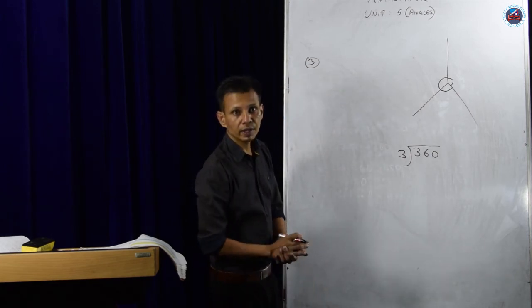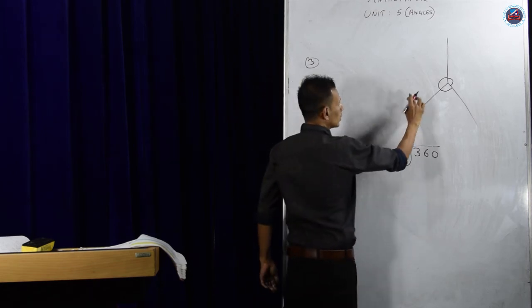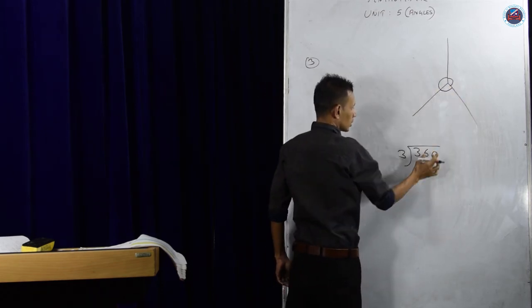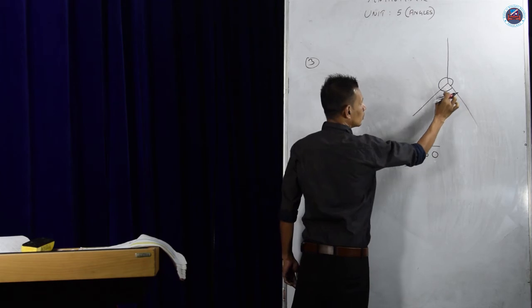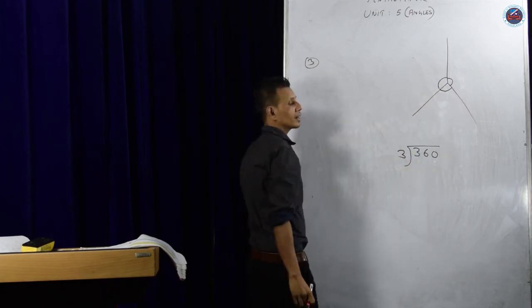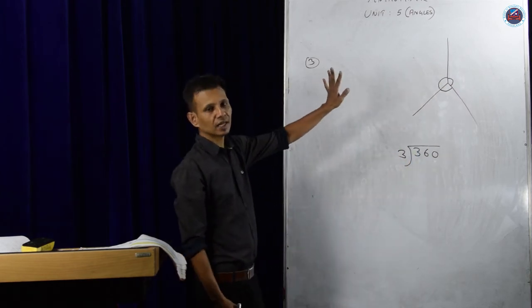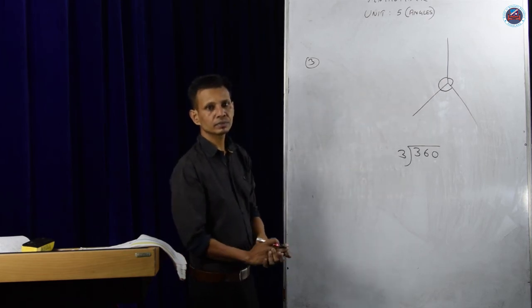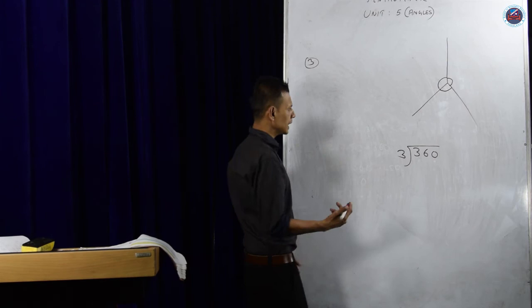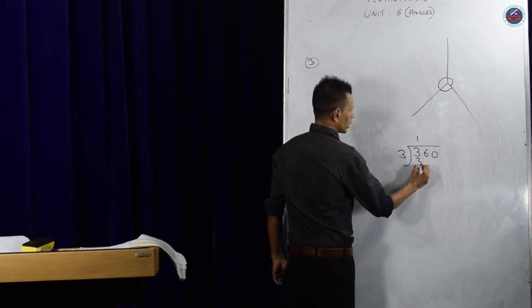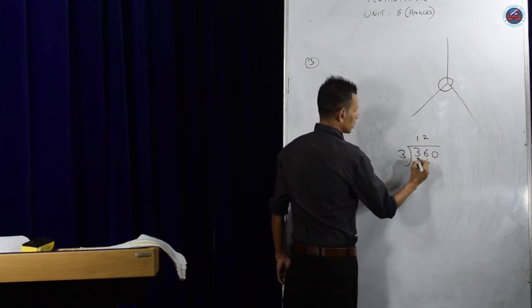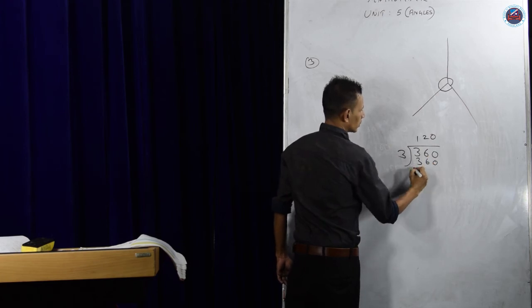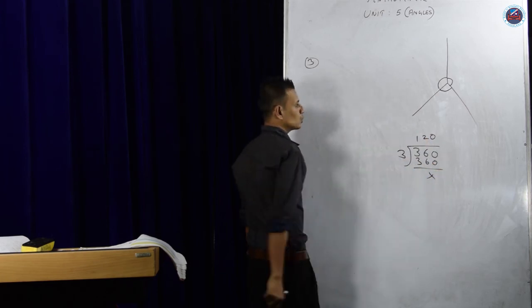I told you at the beginning, right? That's why round a point means 360 degrees. Have to divide by 3, since there are only 3 angles. Don't get confused, okay? If there are 10 angles, divide by 10. Okay? Let's do it. 3 times 1, 3. 3 times 2, 6. 3 times 0, 0. Oh, I got 120.